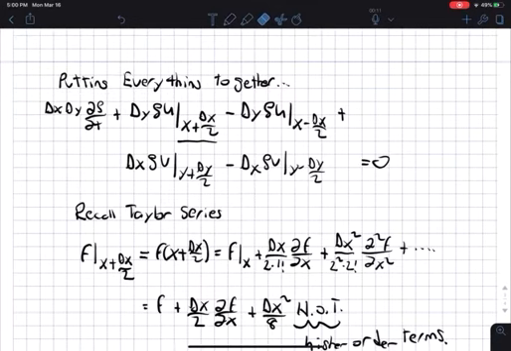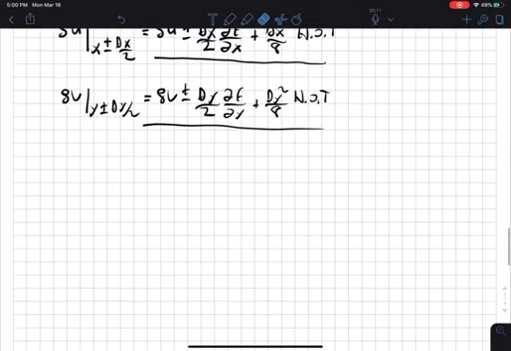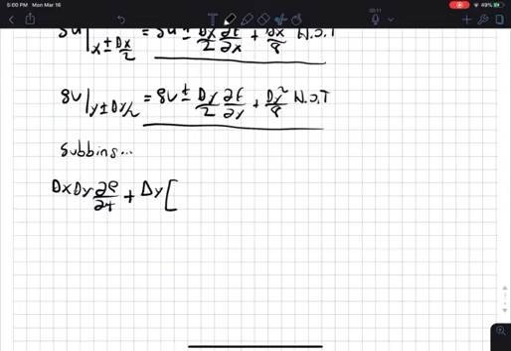Okay, so now doing that, we get delta x, delta y, partial rho, partial t, plus the contribution from the right face, so this would be the area, which should be delta y, times rho u plus delta x over 2 partial f partial x, plus delta x squared over 8 times higher order terms.